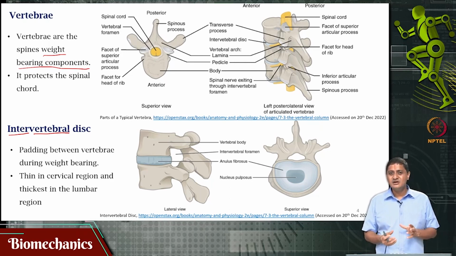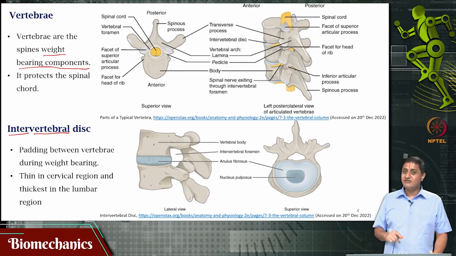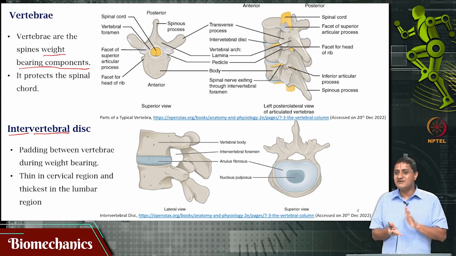Essentially, it facilitates smooth transmission of the weight from the vertebra at the top to the vertebra at the bottom, in the direction desired. If not, what happens? There can be shearing between vertebra.